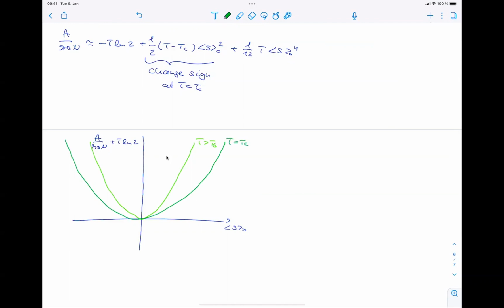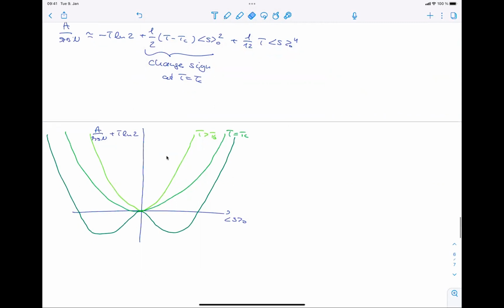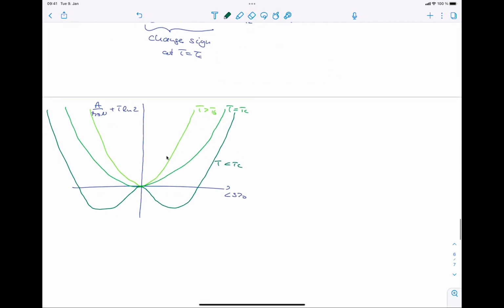And then below critical temperature, what happens is that I dip, and this is my functional dependence.